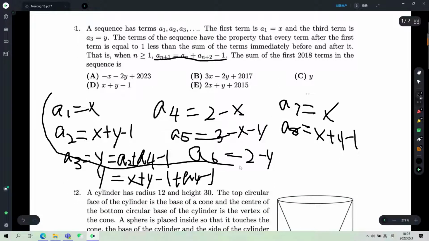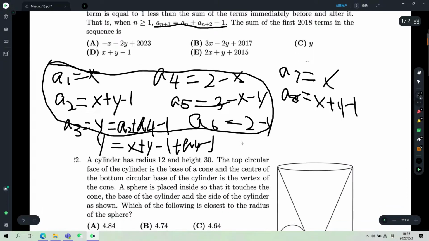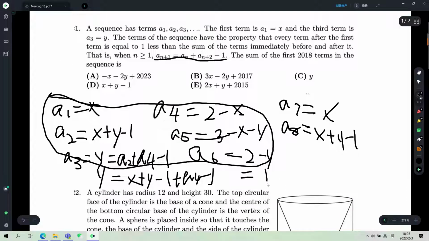So 6 terms make one sequence, and the sum of one sequence, we can know from calculations, is 6.